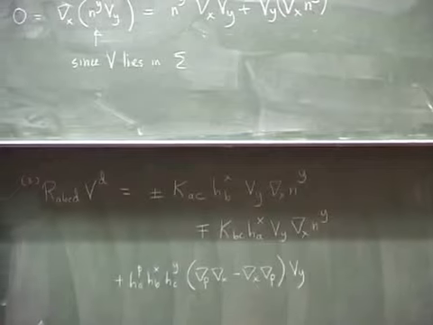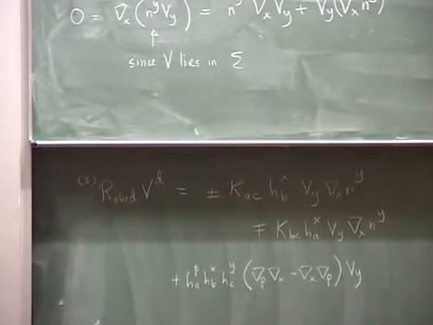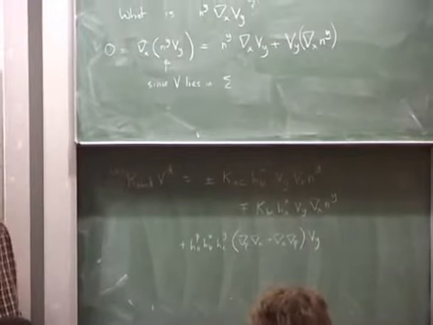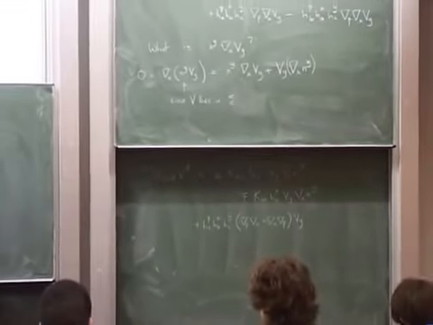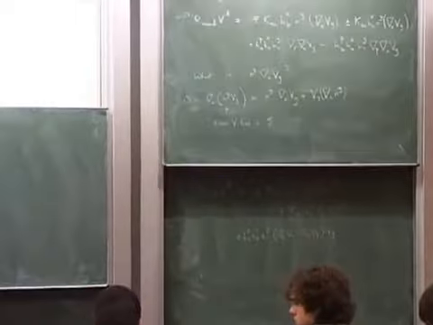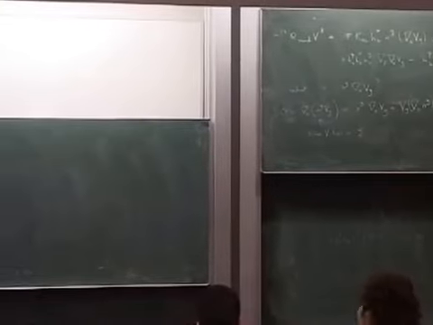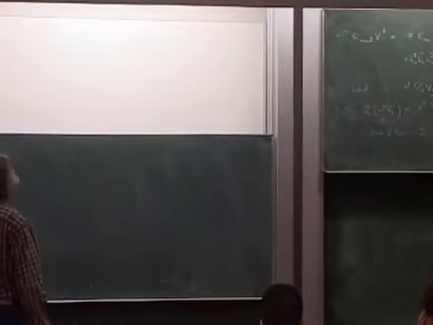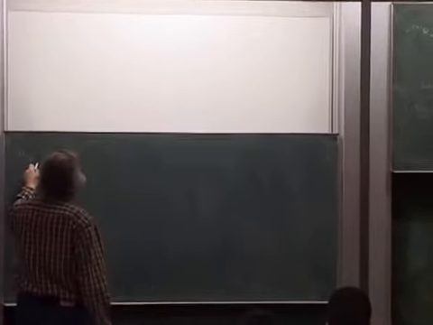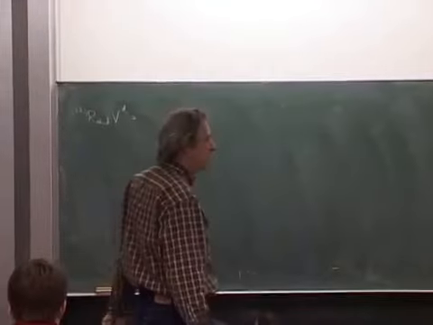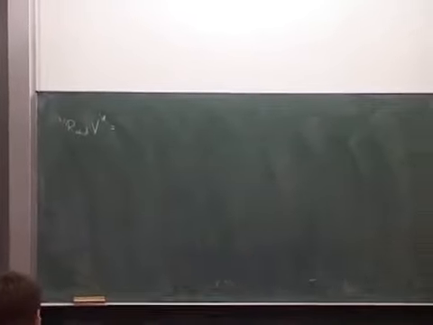So, I hope I can erase this collection of stuff. 3R_abcd v^d is equal to. Let's look at this term first.